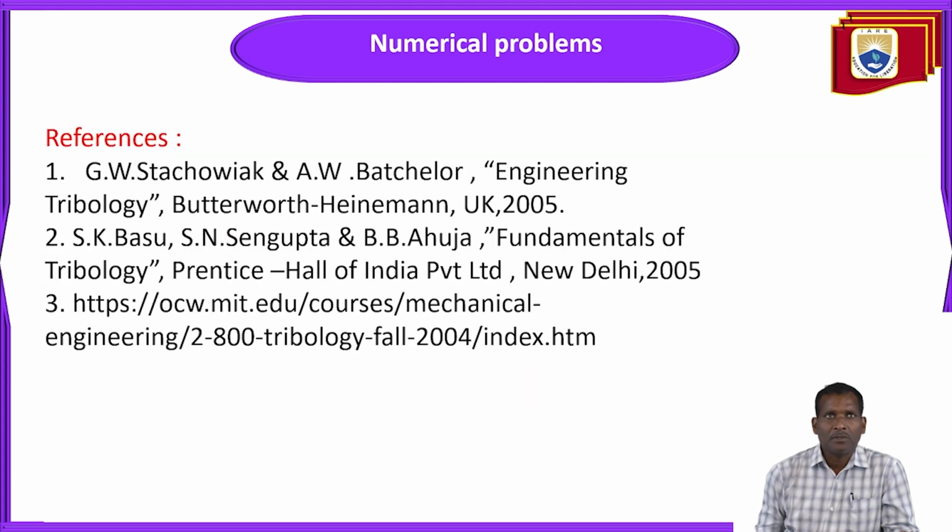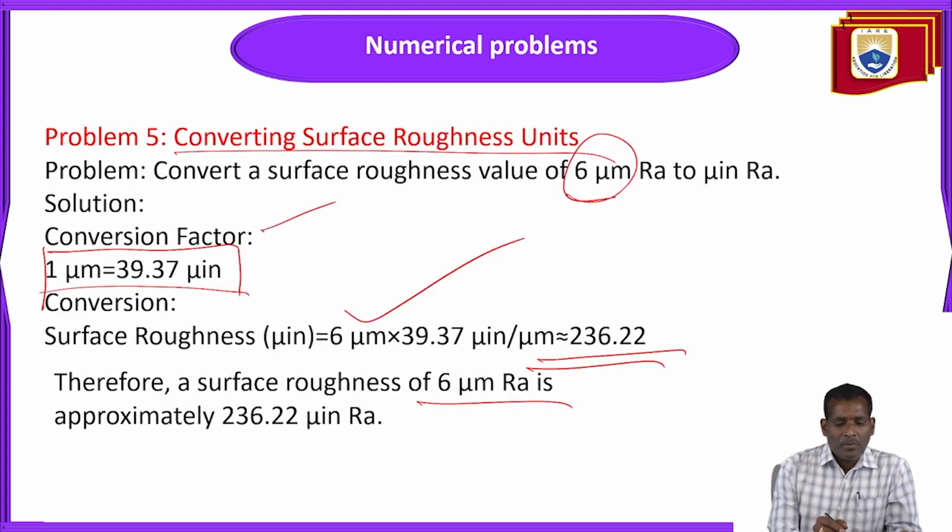So how do we convert this? The surface roughness in micro inch is equal to 6 micrometers multiplied by 39.37 micro inch per micrometer.